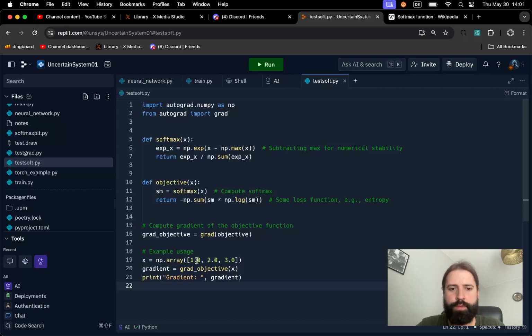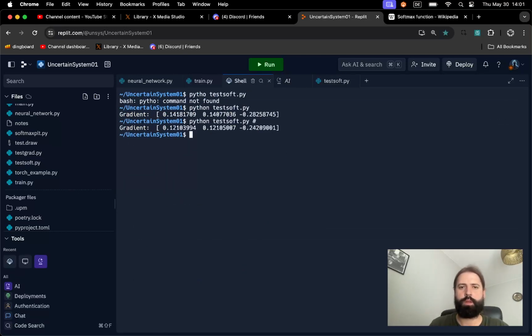What if they are very small values, and one is very big? What if I do this? Still works. It still works.